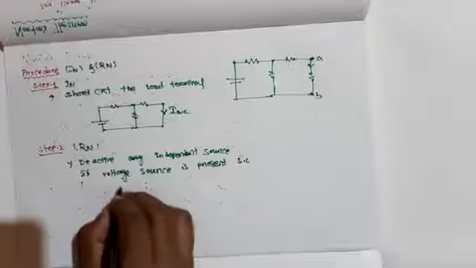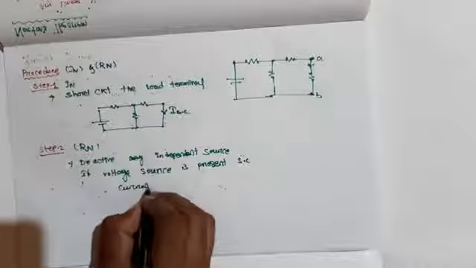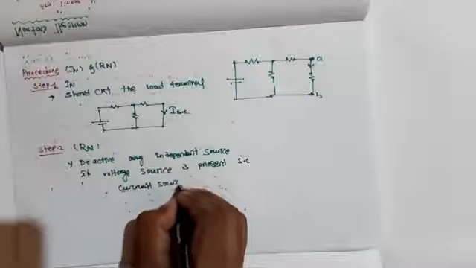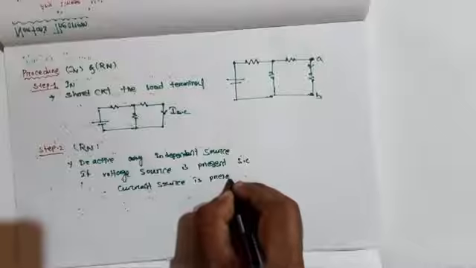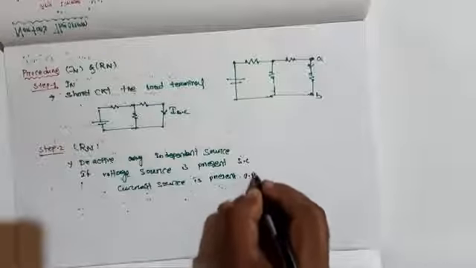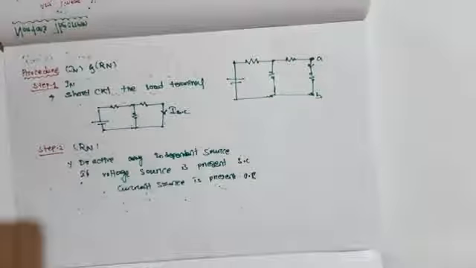If a current source is present, then open circuit. Deactivate means in case of voltage source short circuit, in case of current source open circuit. This is only for independent sources. For dependent sources, a different approach, we are going in the next lecture.